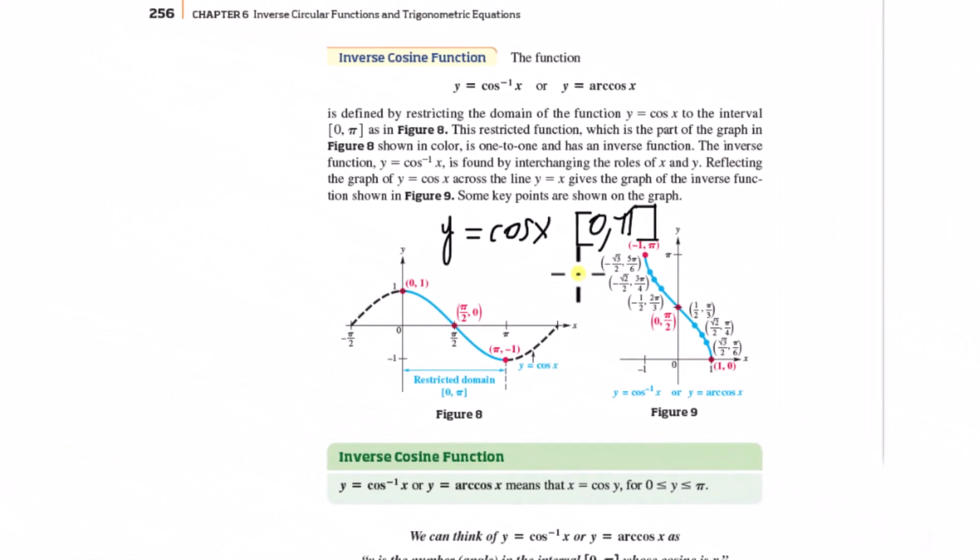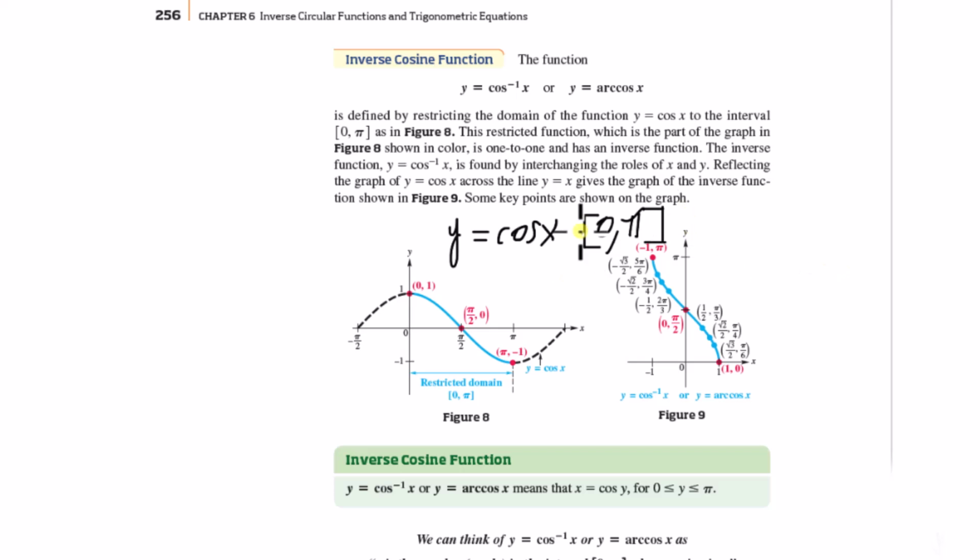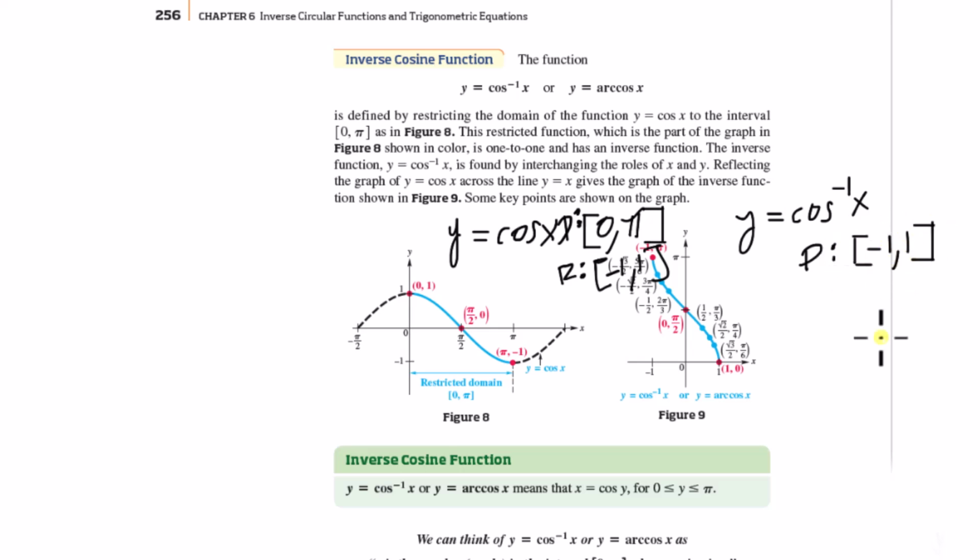Okay, and the domain is going to be, so we restricted the domain of cosine to be from 0 to pi, and the range we know is from -1 to 1. So now with inverse cosine, the domain is going to be from -1 to 1, and the range is going to be from 0 to pi, and that's what you see here.